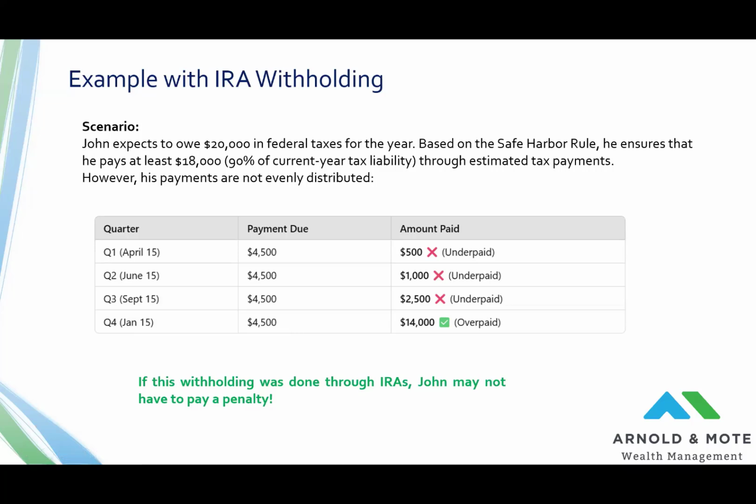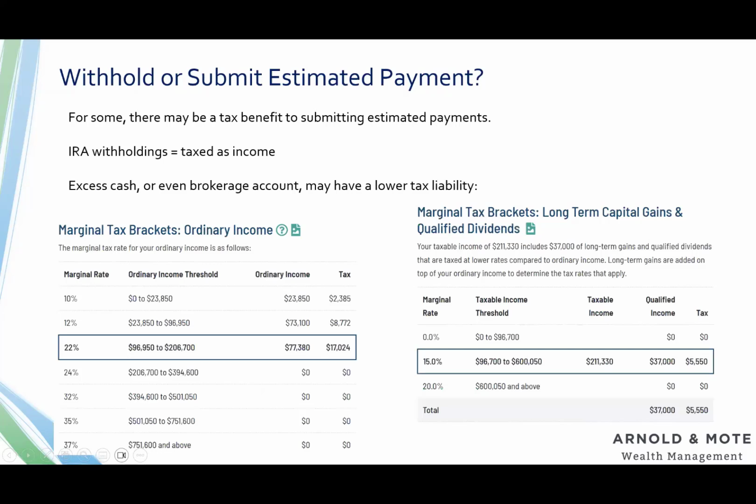And so this can be a nice way to fix some problems if you have room to do some added IRA withdrawals and can withhold taxes this way. This can be a really nice way at the end of the year to clean up some problems if you haven't been making your quarterly payments correctly during the year.